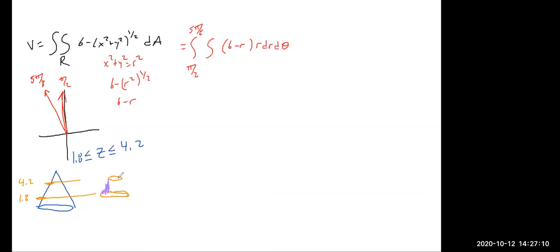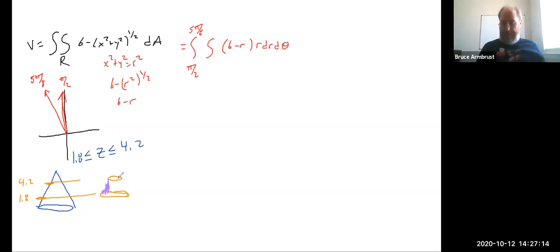Plug it back into 6 minus r. Both of them. Yeah, that's 6 minus r. This is a z equals surface. Well, if we plug those numbers in, that'll give us our r. Right? So like if z is 4.2, we're going to get 4.2 equals 6 minus r.